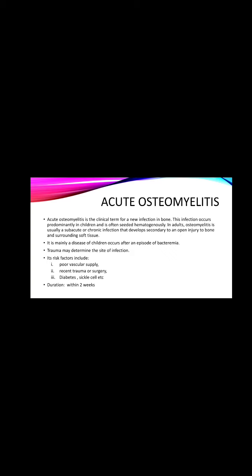In adults, osteomyelitis is usually a subacute or chronic infection that develops secondary to an open injury to bone or surrounding soft tissues. It is mainly a disease of children. The risk factors of acute osteomyelitis include poor vascular supply, recent trauma, surgery, diabetes, sickle cell disease, etc.